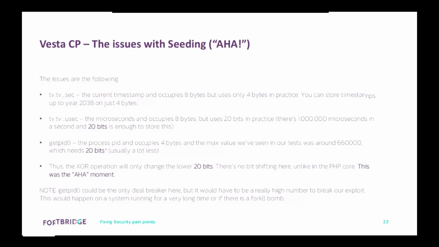The maximum value that I've seen by creating fork bombs and stuff like that was around 660,000, which needs 20 bits at most. So essentially, when we're XORing all these values, what's happening in practice is we're only changing the lower 20 bits. The upper 20 bits in the timestamp remain static. There's no bit shifting here.